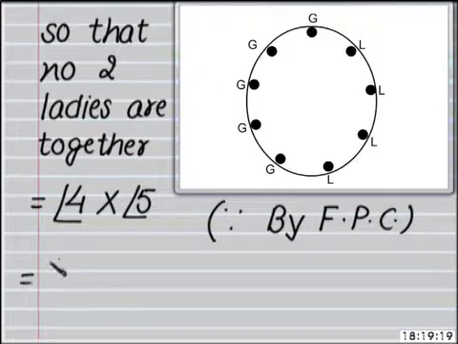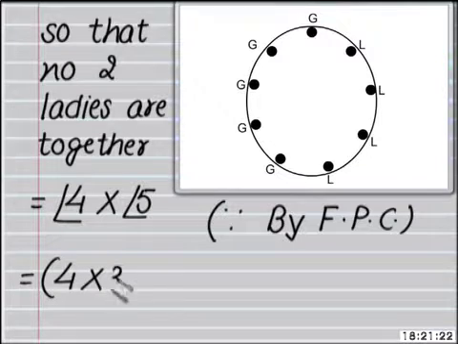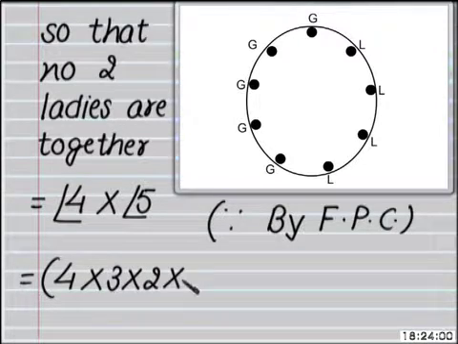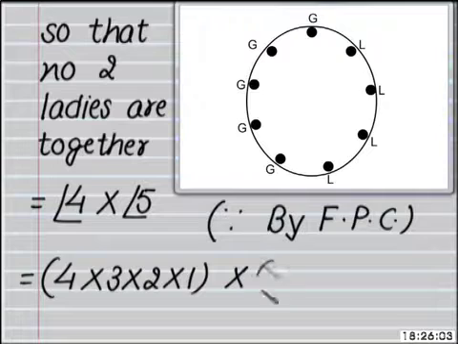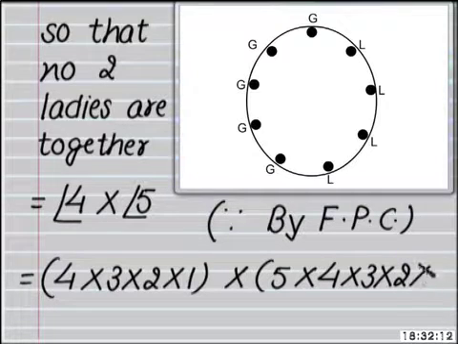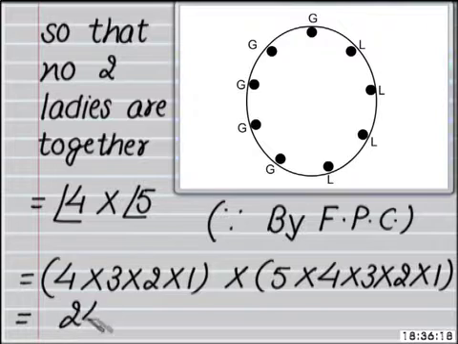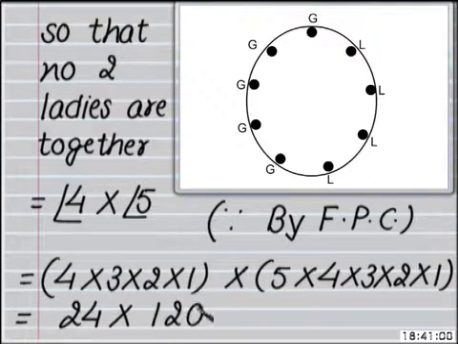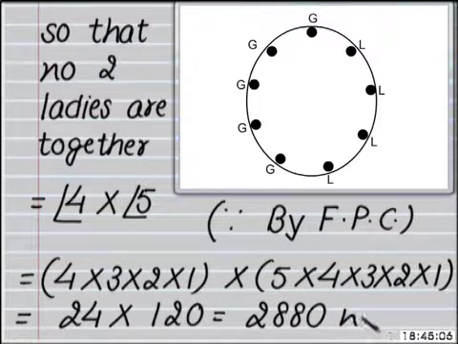That is further equal to 4 into 3 into 2 into 1 all multiplied by 5 into 4 into 3 into 2 into 1, that is equal to 24 into 120, which is equal to 2880 ways.